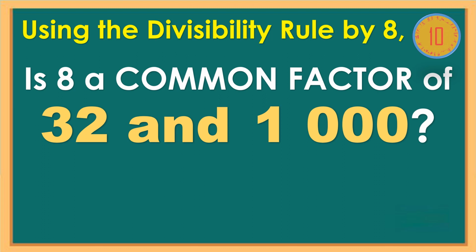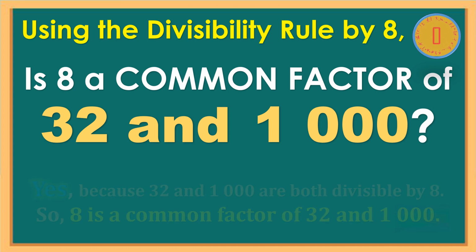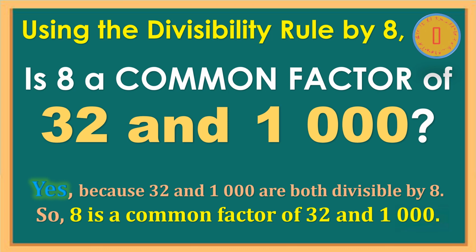Using the divisibility rule by 8, is 8 a common factor of 32 and 1,000? Yes, because 32 and 1000 are both divisible by 8. So, 8 is a common factor of 32 and 1000.